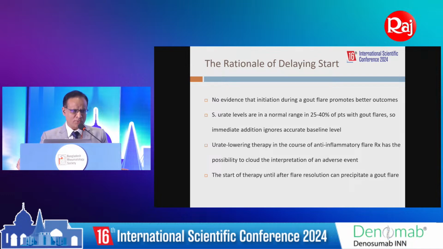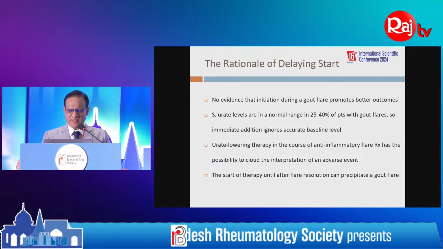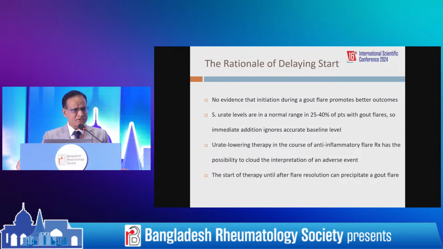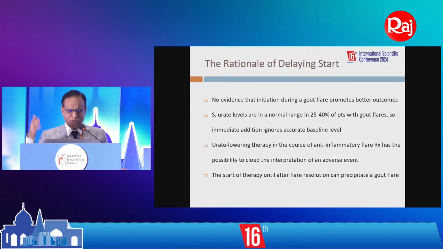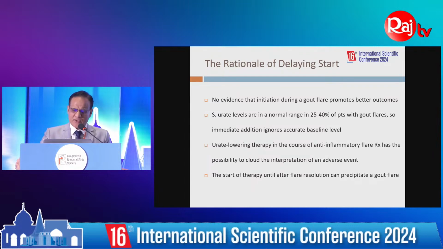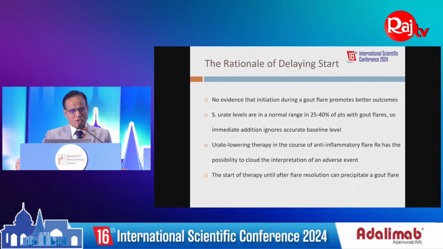We don't know what the level of this particular patient was before the attack. Urate lowering therapy in the course of anti-inflammatory flare treatment can cloud the interpretation of adverse effects. Which drug is the culprit for this adverse effect? We don't know. Starting therapy before flare resolution can also precipitate gout. This is an important issue, I think you all know.